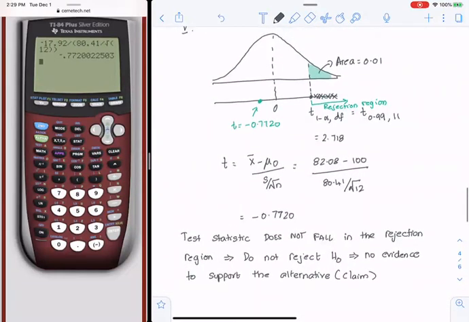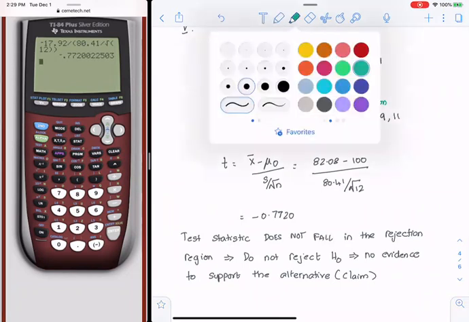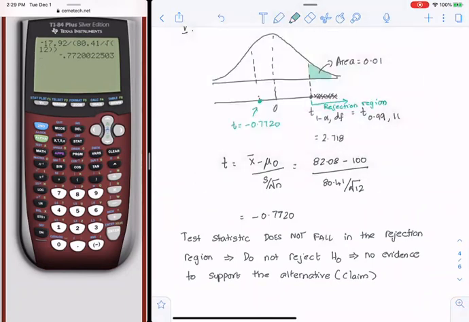So in my graph here, going to start at t equals negative 0.7720, which is the test statistic, and everything above that, that shaded area would be the p-value.